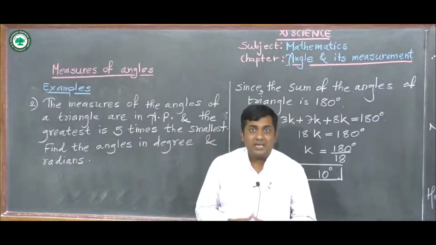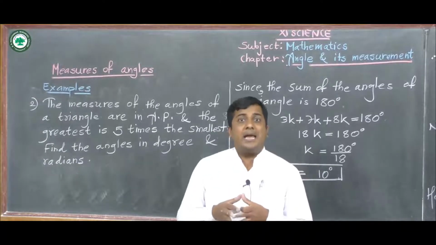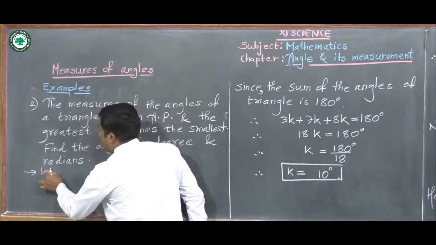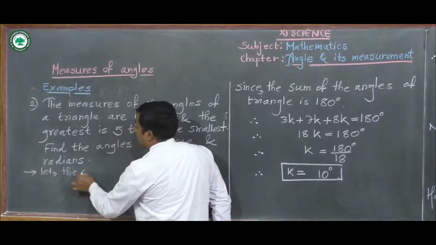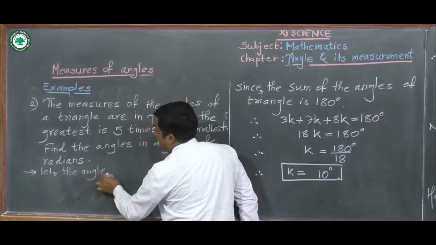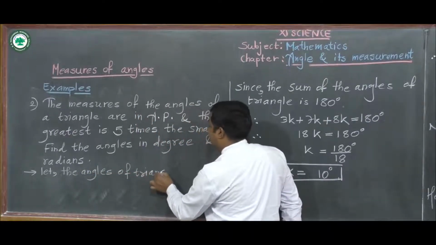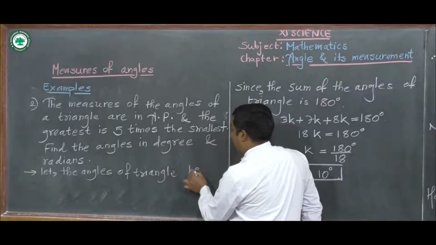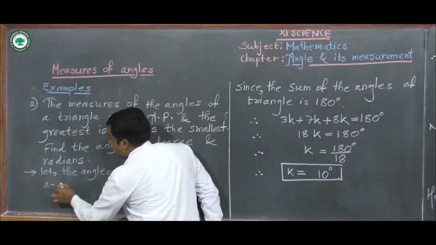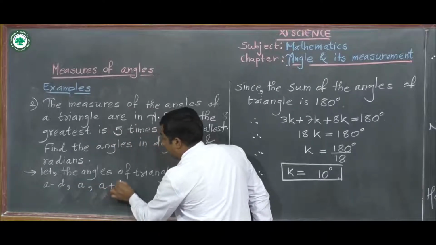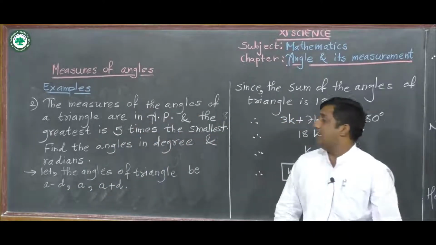So let the angles of the triangle be: first a minus d, second a, and third a plus d.